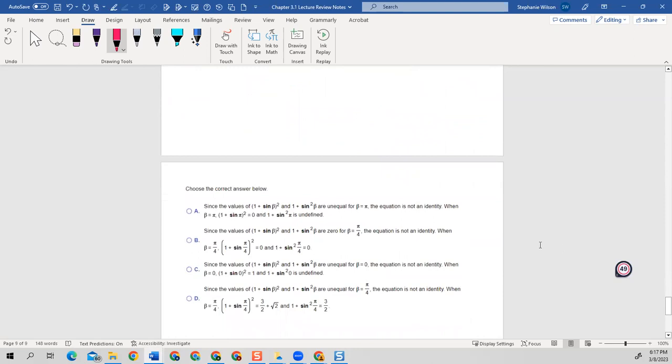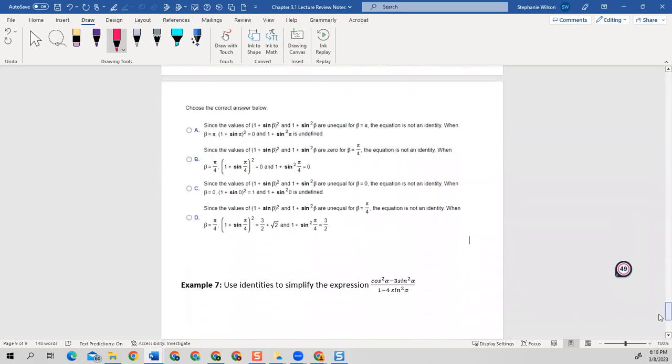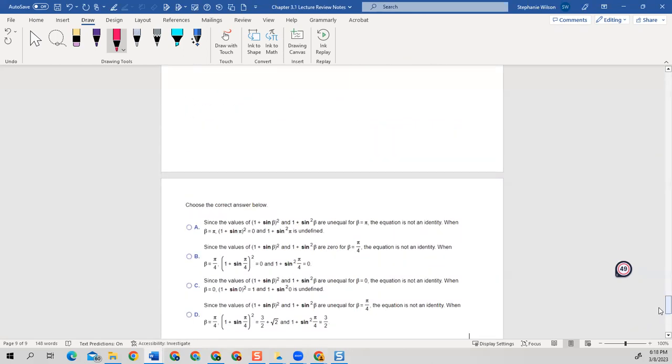So, we can rewrite it right here. What did we get? Okay. So now we're going to have to determine what would be our best option.